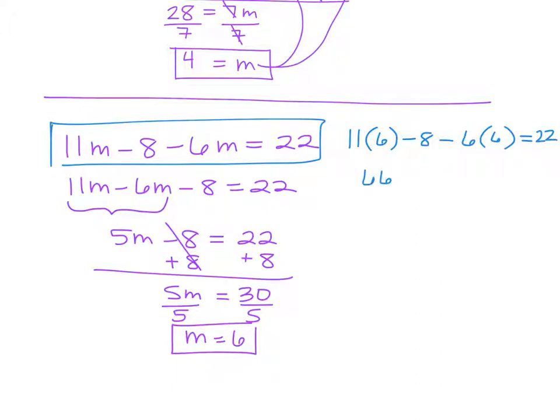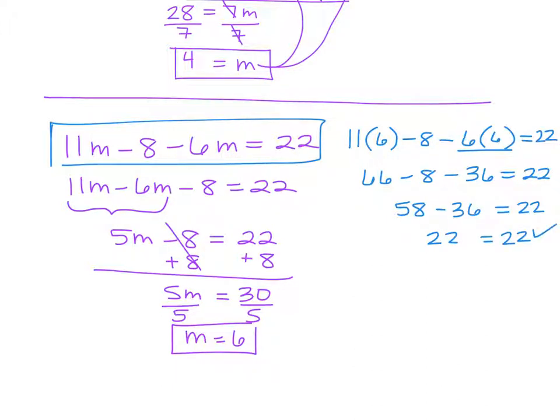So 66 minus 8 minus 36 equals 22. 66 minus 8 is 58 minus 36 equals 22, and 58 minus 36 is 22, and that is a true statement.